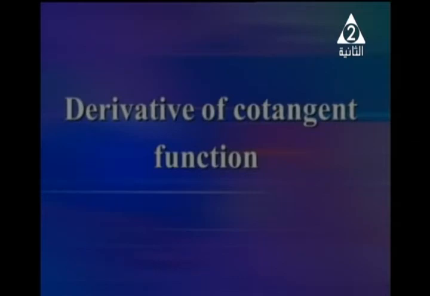Dear student, look at the differentiation of cotangent x. What is the differentiation of cot x? Look, when y equals cot x, what do you mean by cotangent? Remember, cotangent is the multiplicative inverse of tan. What is the meaning of tan?